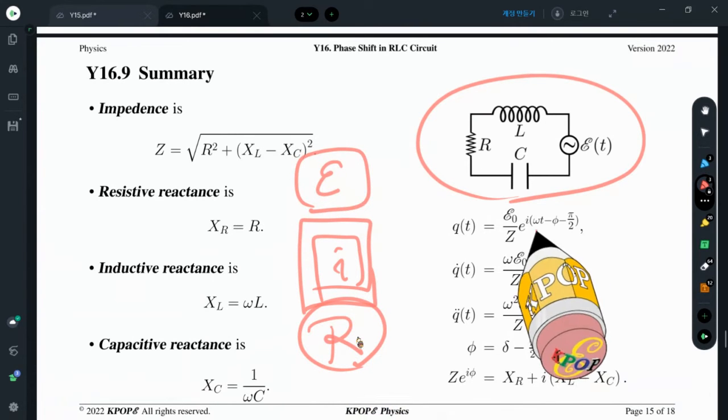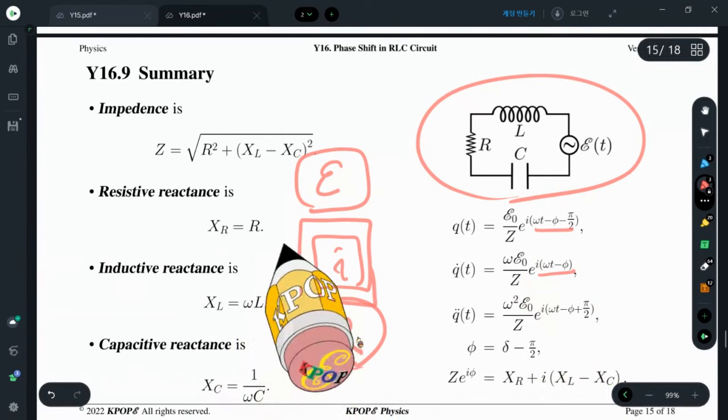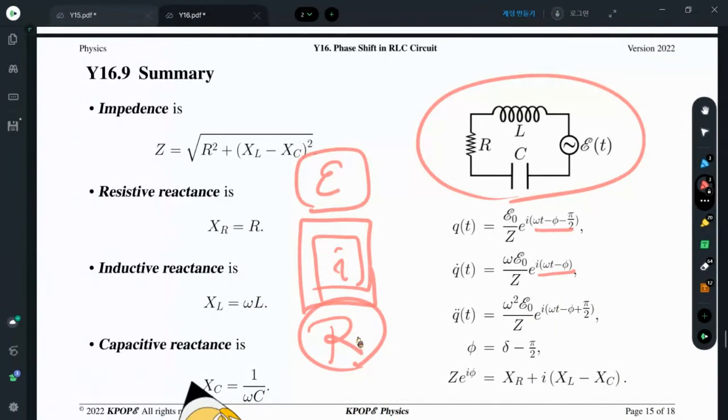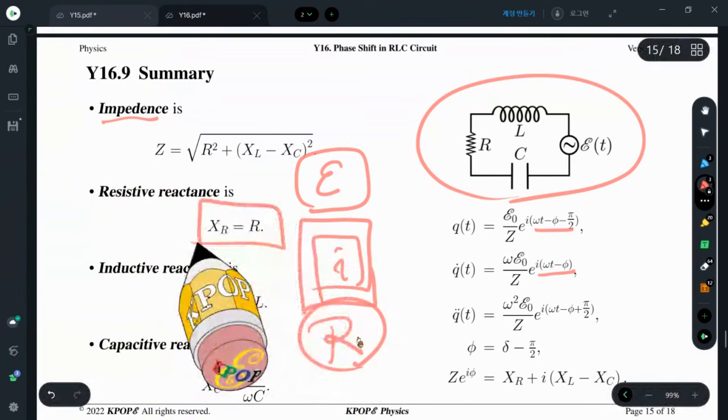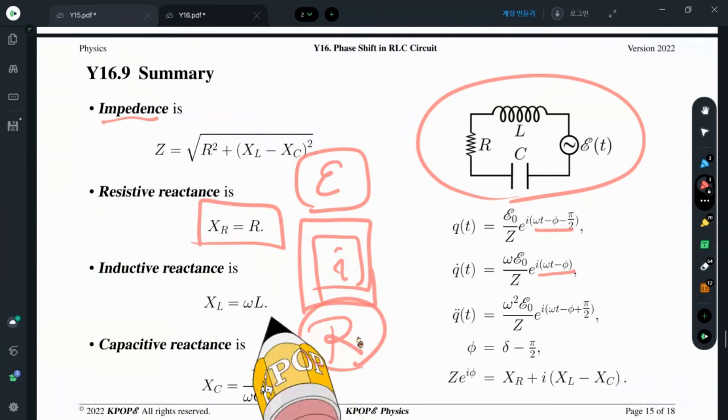And because they are sinusoidal, time derivative or integration over time brings in a change in the phase by half a pi. Forward for the inductive load and backward for the capacitive load. They will bring in the imaginary part of impedance, and this one is in phase.